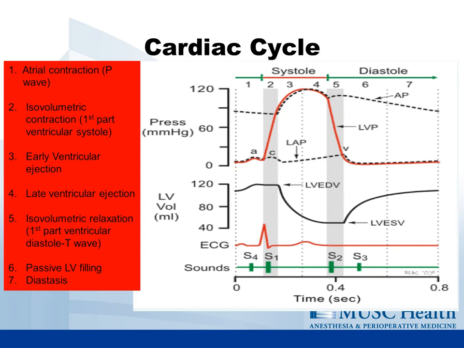Passive LV filling, again, as the mitral valve and the tricuspid valves open. And then a period of what they call diastasis, which is still some slow, passive filling that's occurring. It's not just a period of equalization, but you still get some filling. And then it starts all over again with your atrial contraction, valves close, ventricle squeezes, starts all over again. Make sense? Okay.